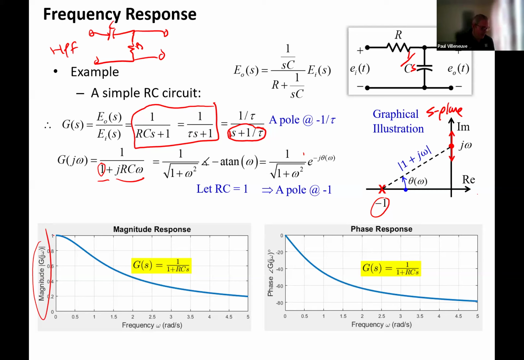As our frequency increases, it goes down and down. This only shows you 5 radians per second. If we went up to 50 or 500 or even more, we'd see this would continue to trend to 0 at infinite frequency. It's the same thing with our phase shift. At DC, there is no phase shift because there's no current going through our capacitor.